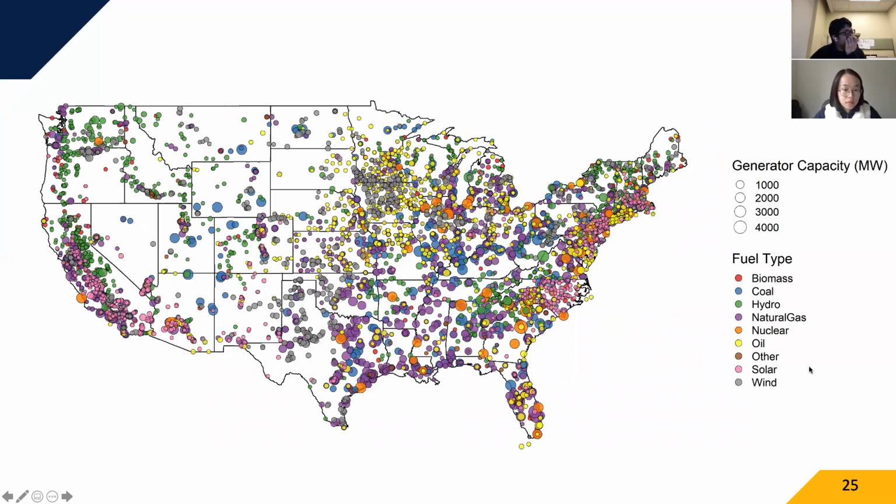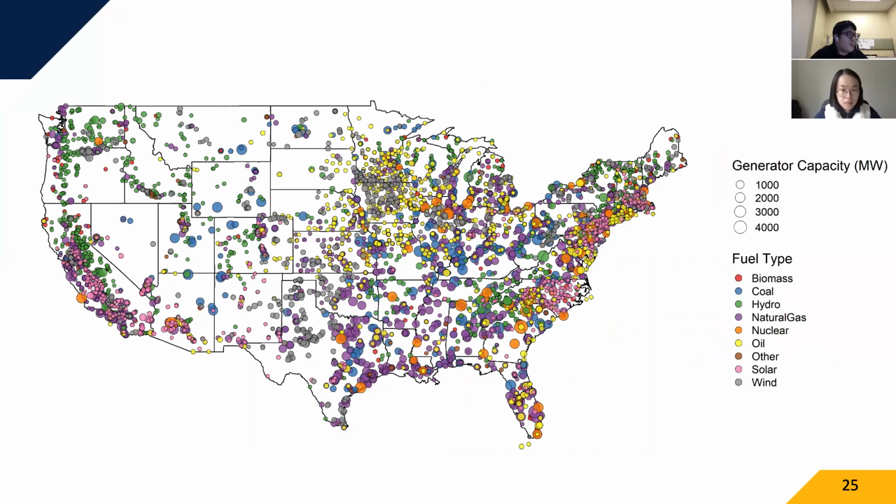This is a map of power generation facilities. So these are basically all the power plants throughout the continental United States. The size of the dots corresponds to the capacity, right?